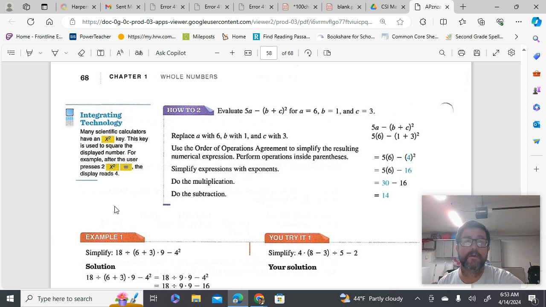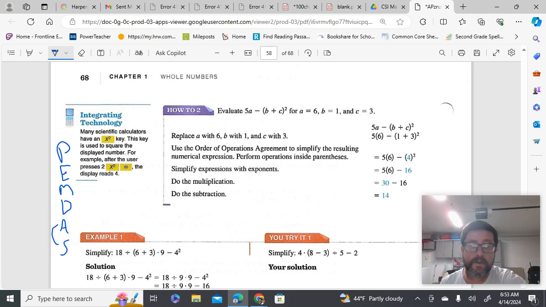Okay, so it is, write this down. I gotta put my pen down. You do parentheses first, then you do exponents, then you do multiply, divide, add, subtract. And these two are just left to right. Whatever comes first, you do first.